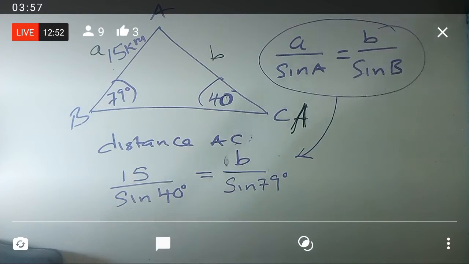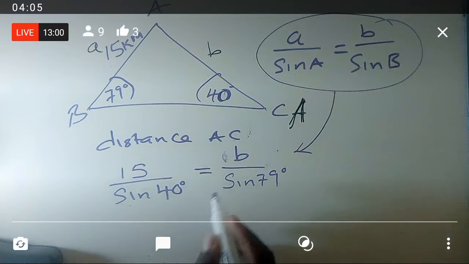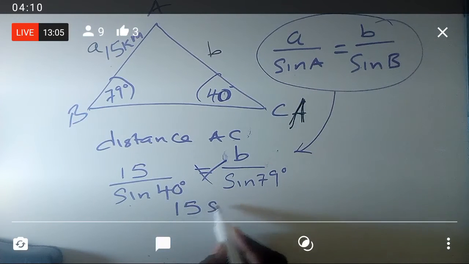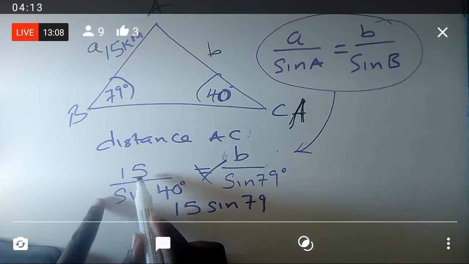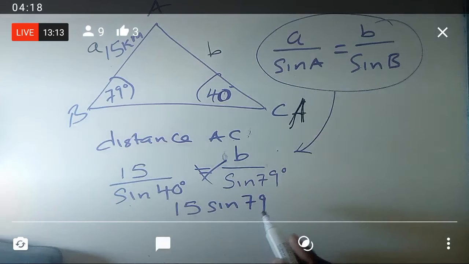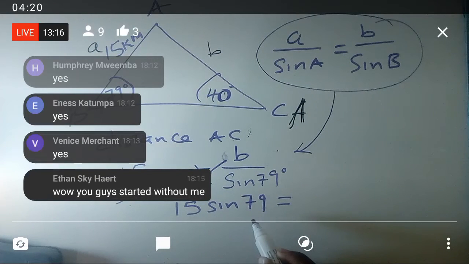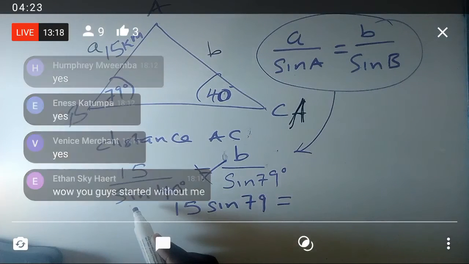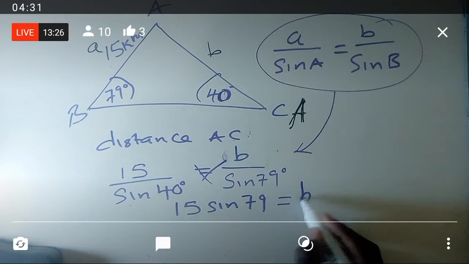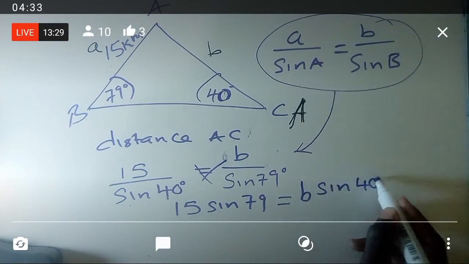Now first we clean up, so we cross multiply. This will be 15 sine 79, which is equal to sine 40 multiplied by b, so b sine 40 degrees.